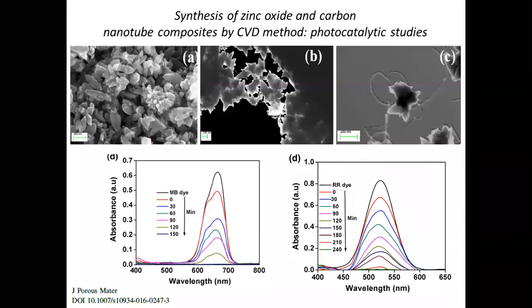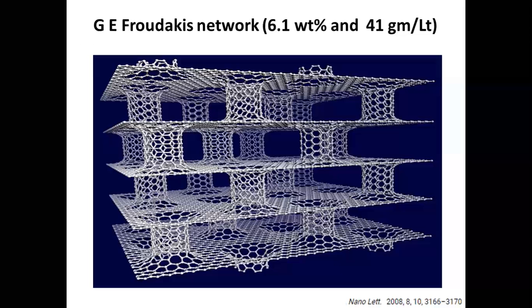Similarly, as a catalyst, we can use the carbon nanotube composites for degradation of dyes in the textile industry, and carbon nanotubes will be used for hydrogen storage. Both graphene and carbon nanotubes can form a composite. Both are nano. These pillars are like carbon nanotubes, and this plane is like graphene.